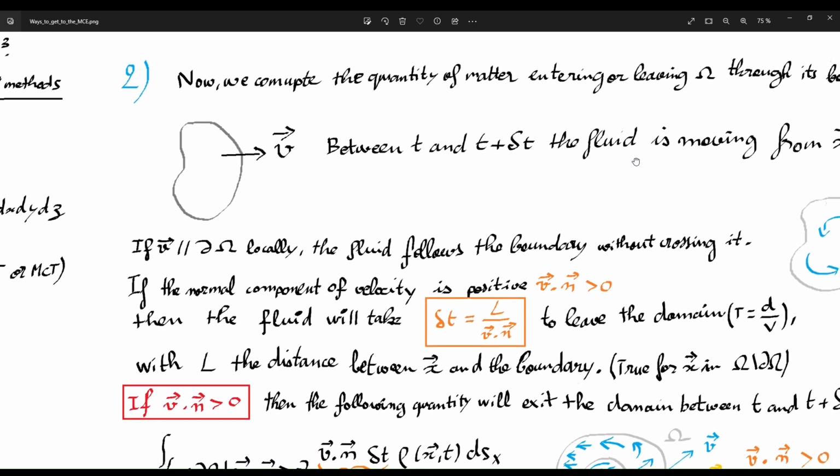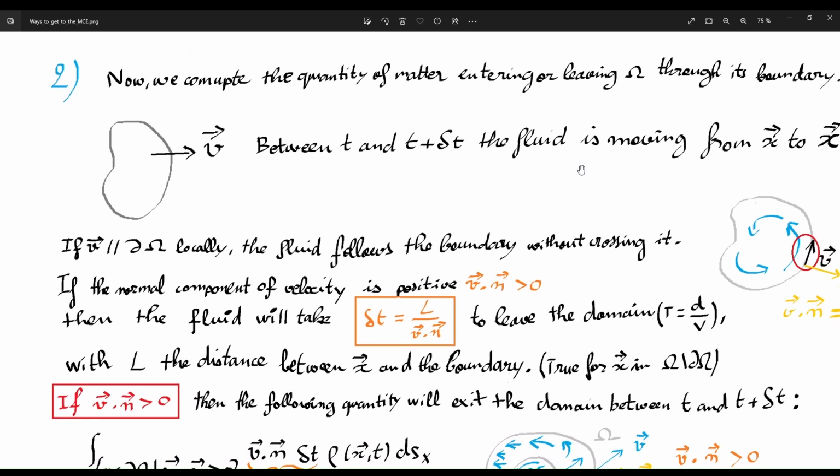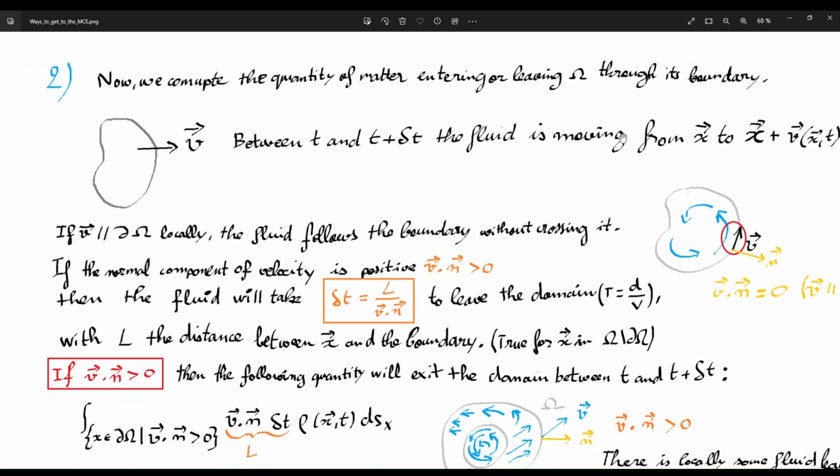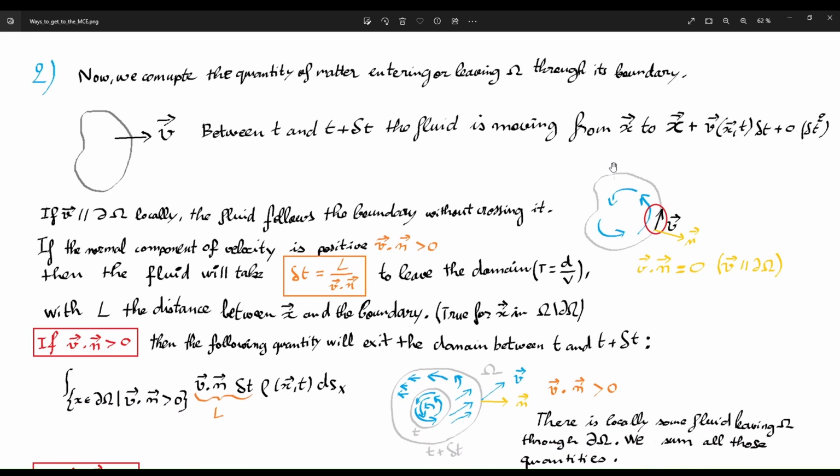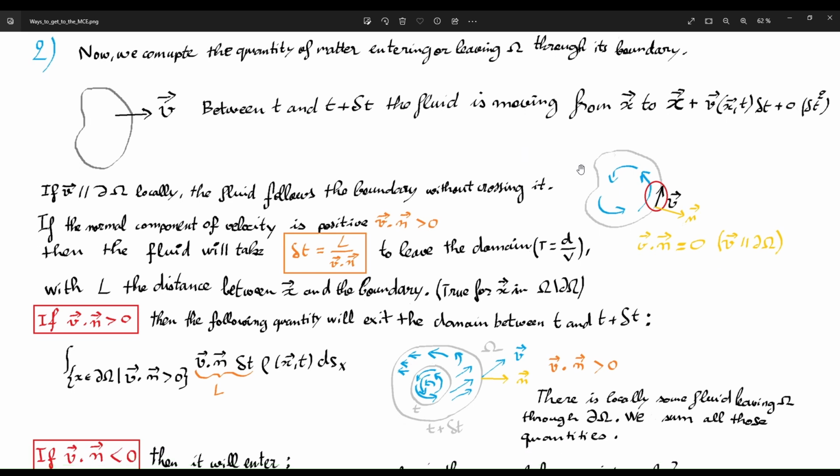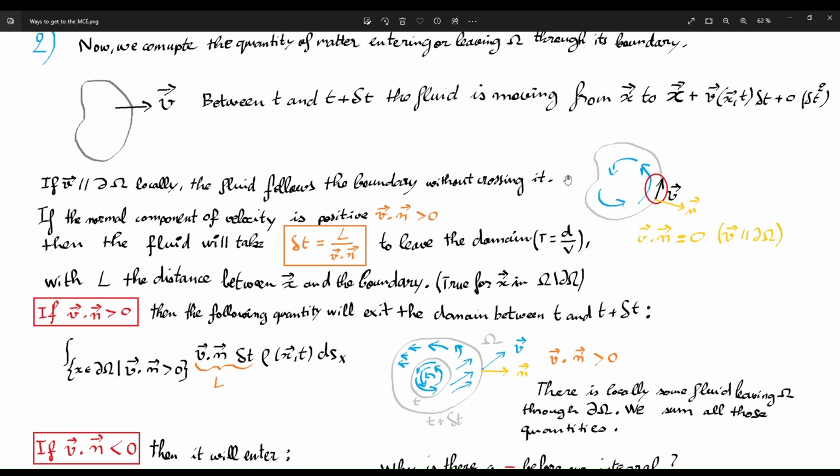Secondly, we can now compute the quantity of matter entering or leaving omega through its boundary. If v is parallel to the boundary locally, the fluid follows the boundary without crossing it, like on the area circled in red on the illustration on the right.